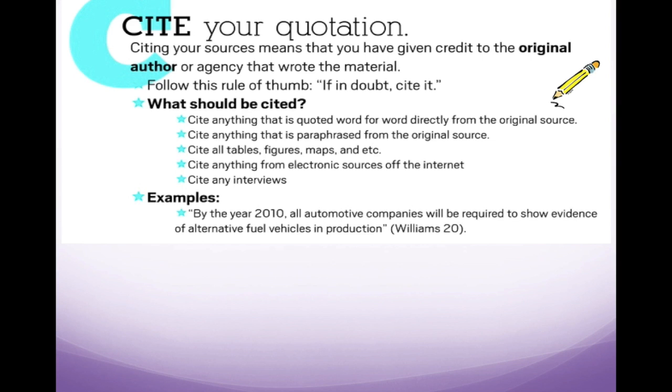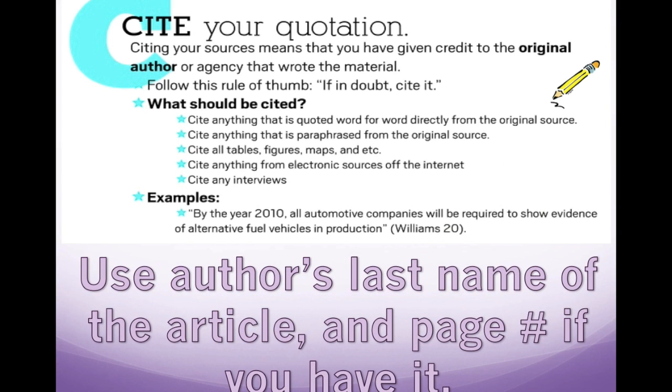In-text citation in this manner is asking for you to put it in parentheses and a period at the end, just like you see, and it's going to be the author's last name and a page number if you have it. So nice and simple. Use the author's last name of the article, the person that wrote the article, and a page number. Very simple. Don't make it harder than it needs to be. Sometimes people do that. Don't make it harder on yourself.